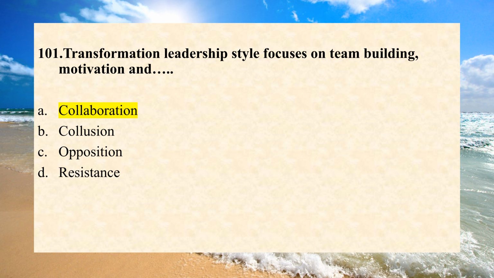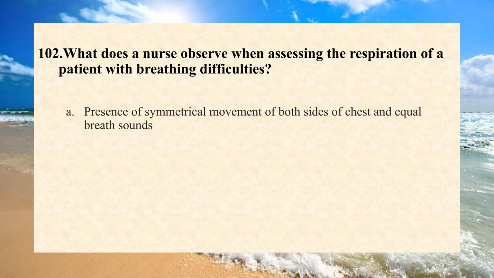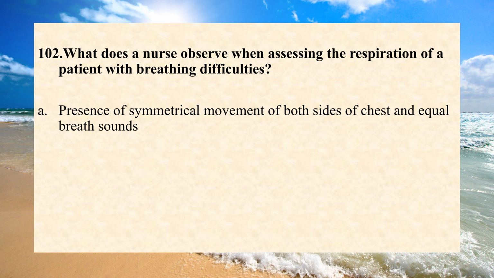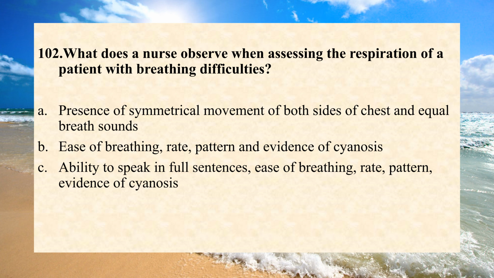Collaboration. What does a nurse observe when assessing the respiration of a patient with breathing difficulties? Option A. Presence of symmetrical movement of both sides of chest and equal breath sound. Option B. Ease of breathing, rate, pattern and evidence of cyanosis. Option C. Ability to speak in a full sentence, ease of breathing, rate, pattern, evidence of cyanosis.